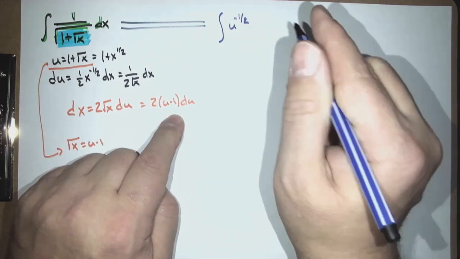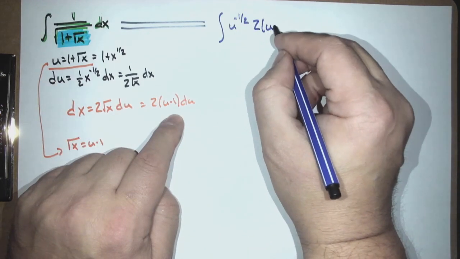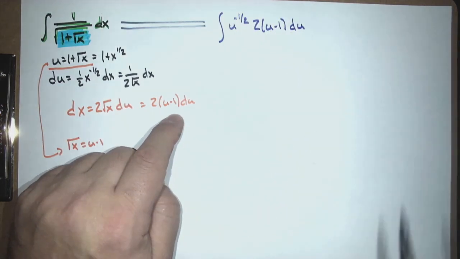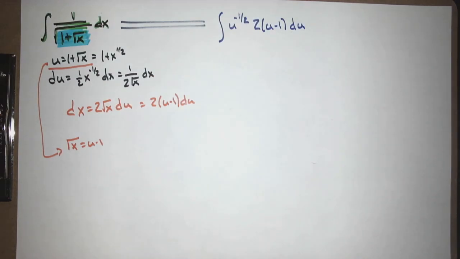Then the dx is 2 times u minus 1. Now, does that look more palatable? Like something you might be willing to at least introduce to your friends, if not your immediate family. It's not quite so bad. What can you do?